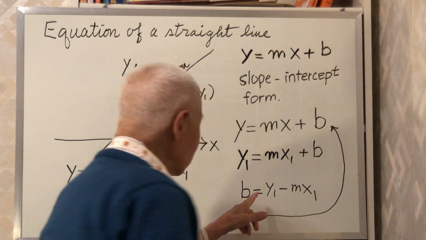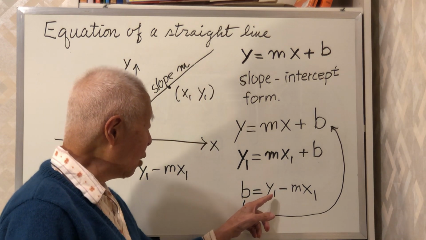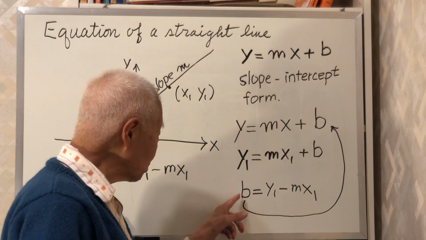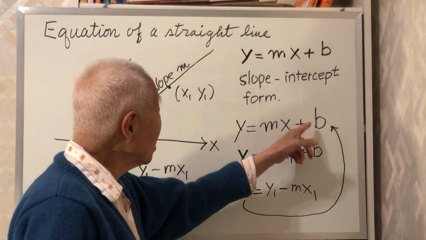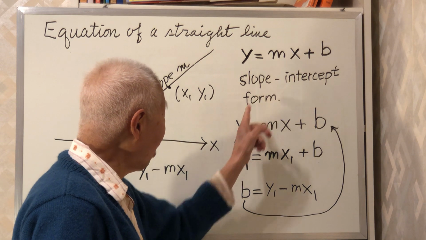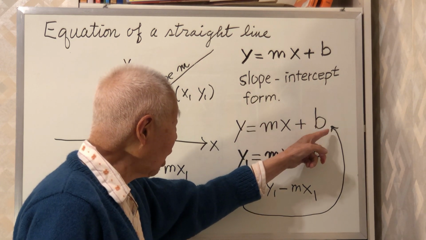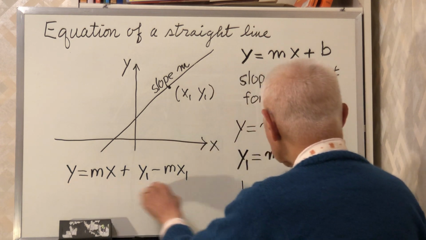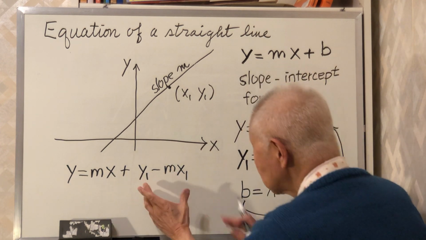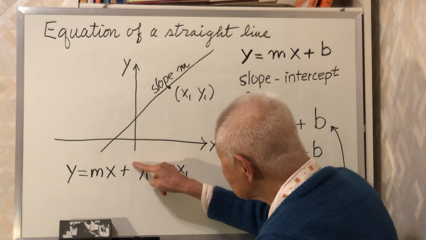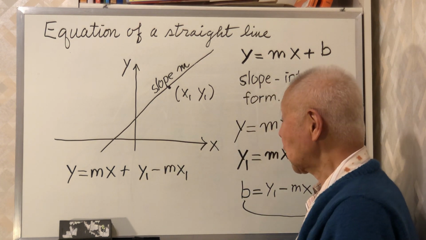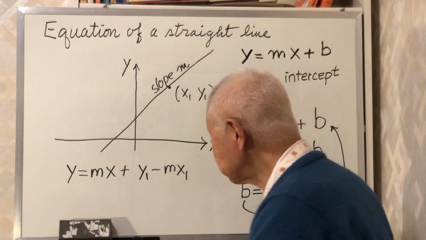You see, b is y1 minus mx1. Substitute this b into this slope-intercept form. So I have y is equal to mx, and this part is my b. Okay, I rearrange everything.